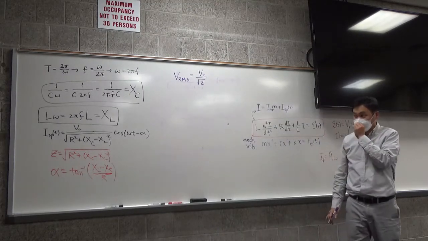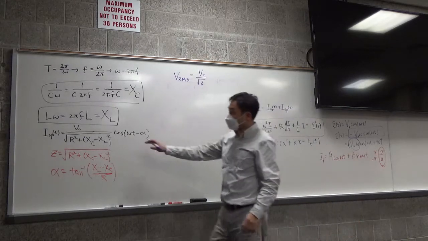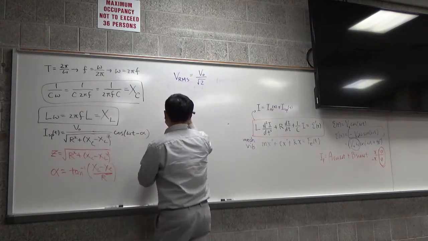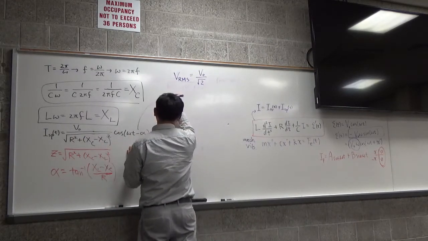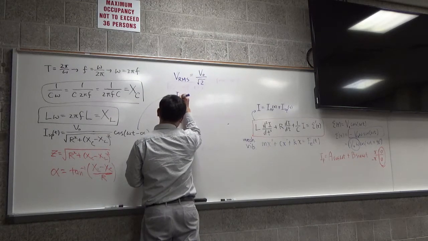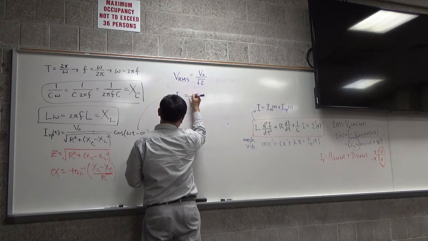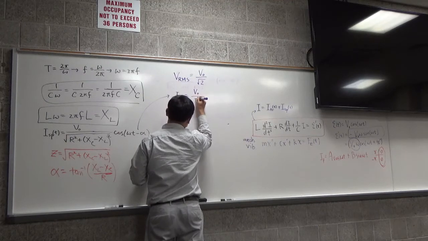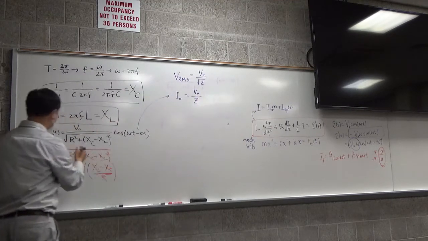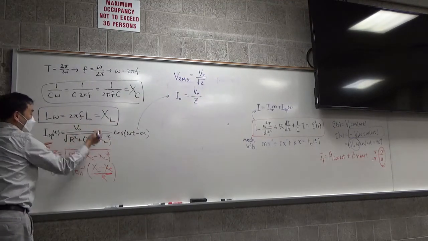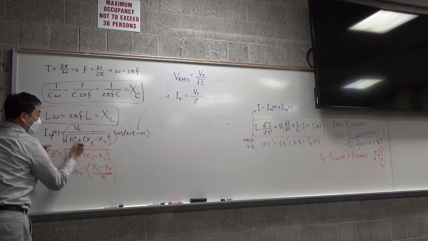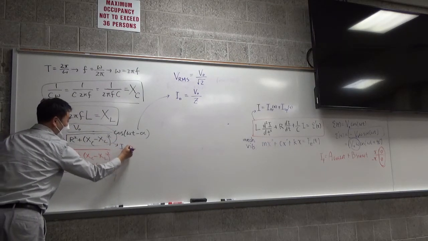Okay. So this formula right here is saying the following. This formula is also saying to us that the max peak current is V0 divided by Z. Right? Because this coefficient is the peak. This coefficient right here is your I0.